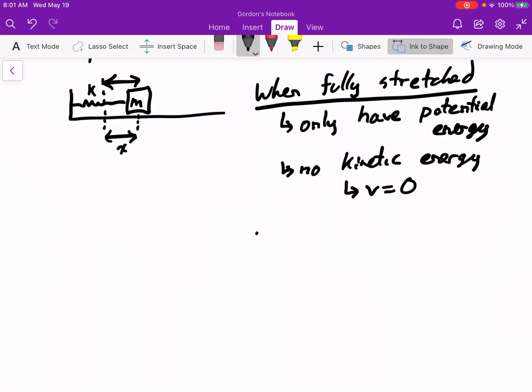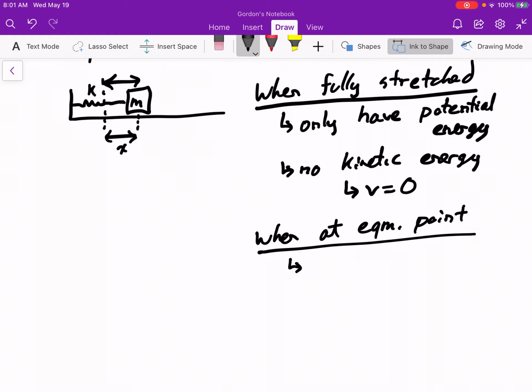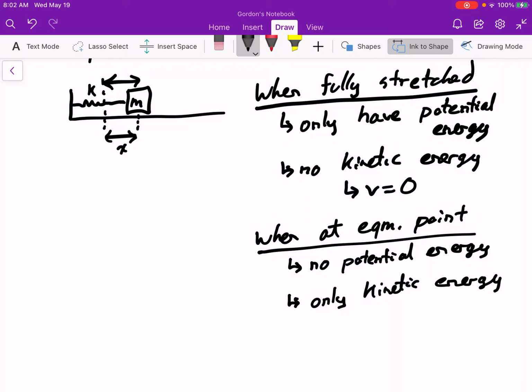What about when we're at equilibrium? At the equilibrium point, it's not stretched out at all, which means that we have no potential energy. That means that we have only kinetic energy. And if we have only kinetic energy, then that means that v is a maximum.